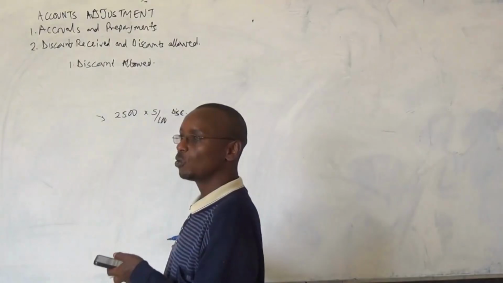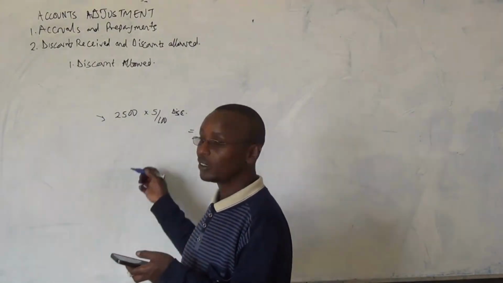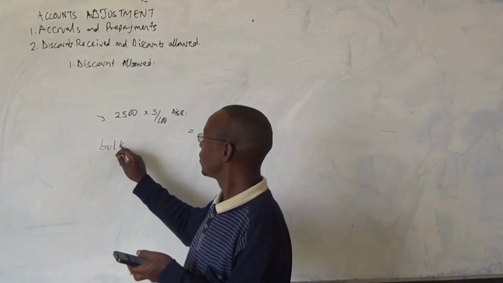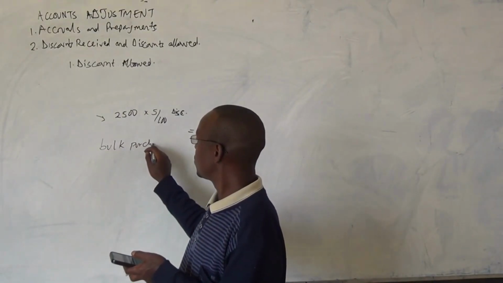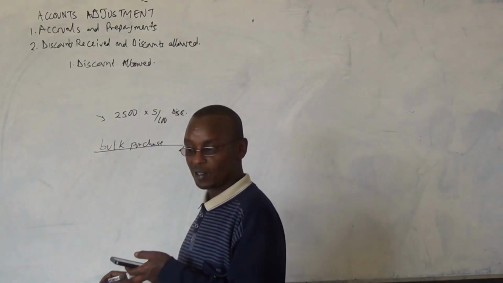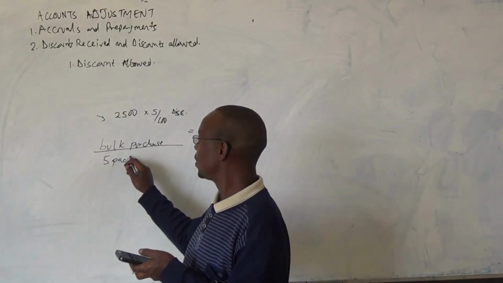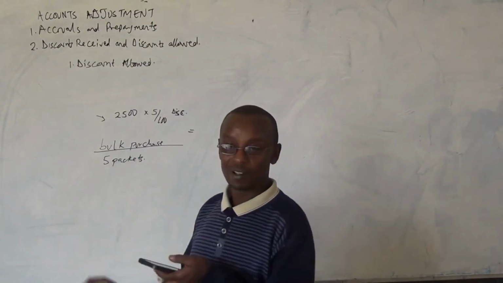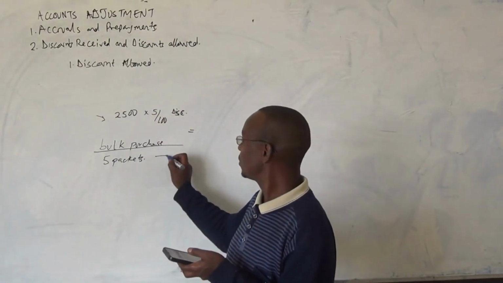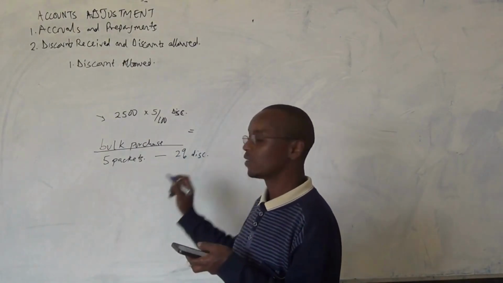Discount allowed is in two ways. We have trade discount that is given to customers for bulk purchasing. So when you're selling goods, you encourage people: if you buy 5 packets and above, you get 2% discount, okay?